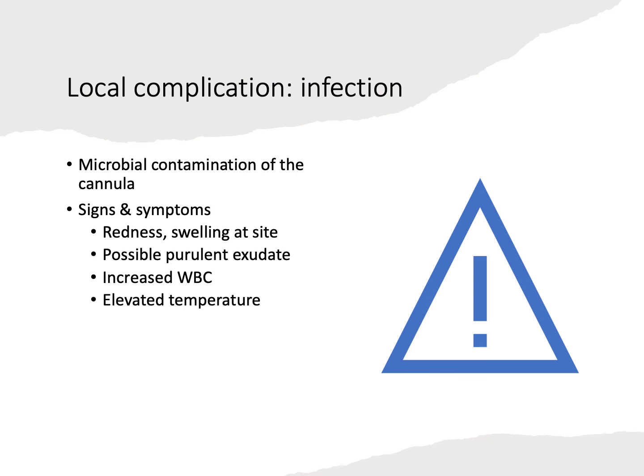Other bacteria such as staph or fungal infection. So you want to watch your site for redness, swelling, any yucky, purulent drainage, monitor blood work for increased WBCs, and an elevated temperature would also be a sign that we might have a systemic infection.